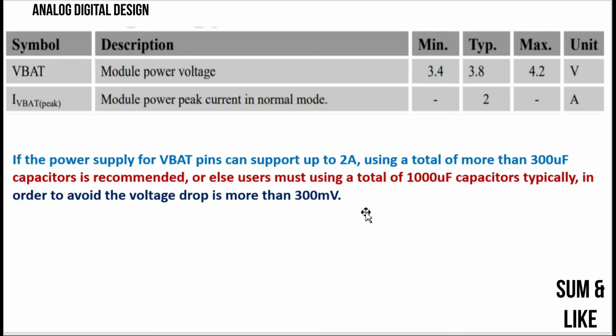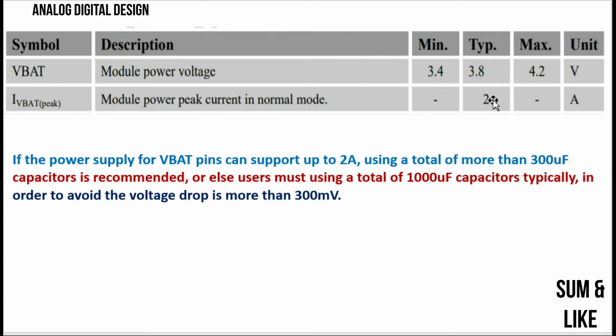So here is the VBAT module power voltage: 3.4 volt minimum, 3.8 typically, and 4.2 volt maximum. Generally we use this 3.8 volt output from the DC to DC converter or LDO for the LTE module. This is VBAT.